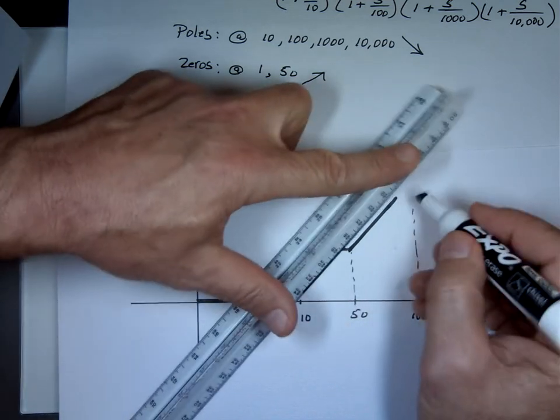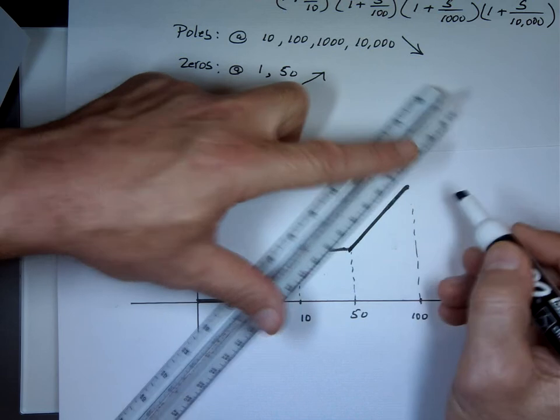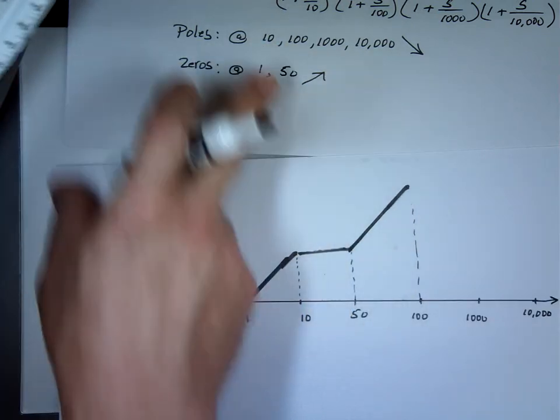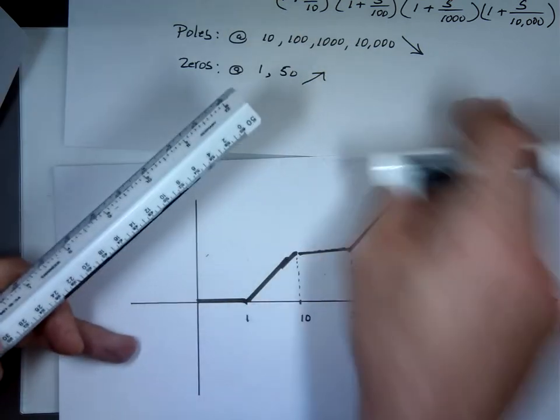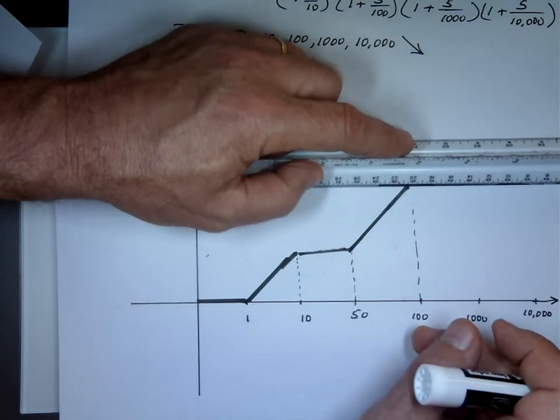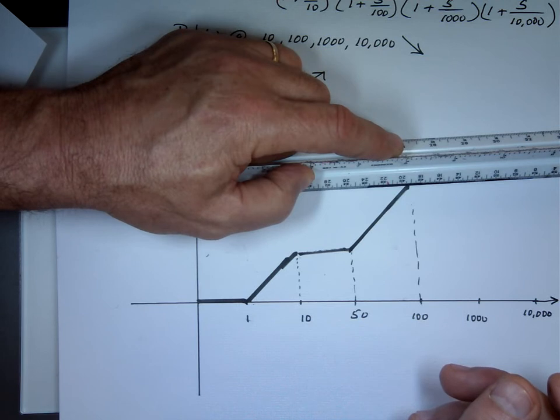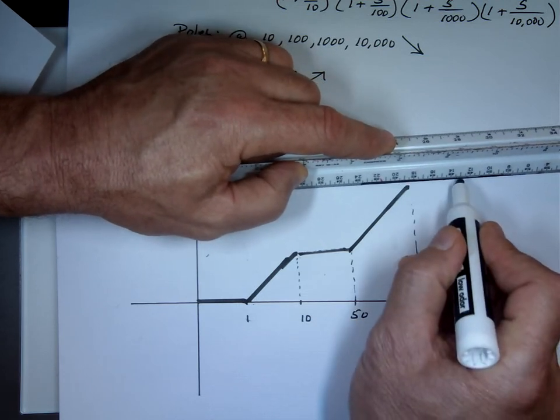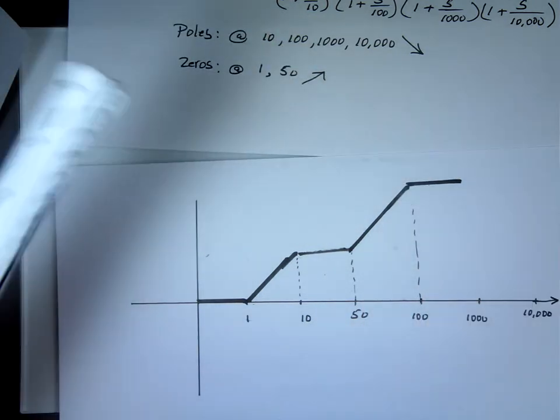And what happens when you hit the 100? You encounter a pole. So it's going up, and this is going to pull down. It's going to level it till we get to the 1,000. What happens after the 1,000?